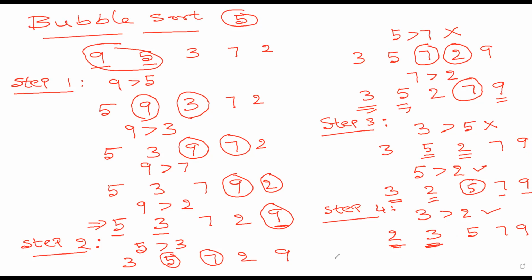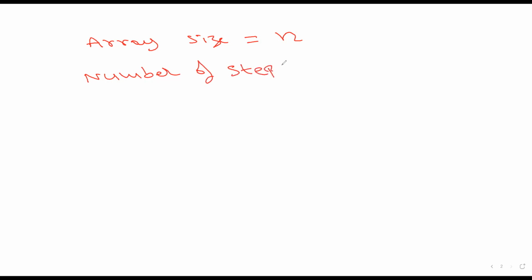So finally, what we can observe is, if the array size, now in our algorithm we are taking array size as 5, so take array size as n, then the number of steps we performed is n minus 1.